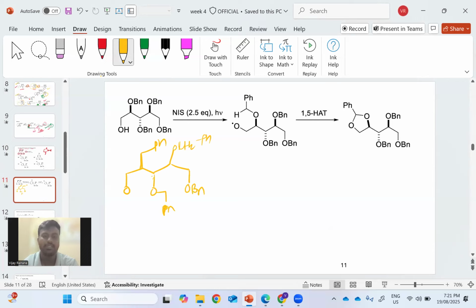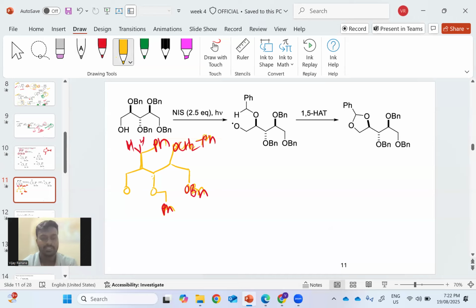So these are all the same, whether it is OCH2Ph or OBn. There was again one proton. Or you can write this OBn in a different manner. So all are the same. This is just a different representation, right?